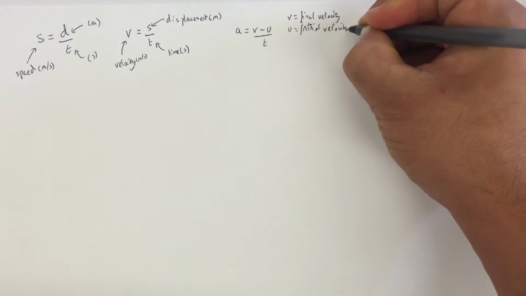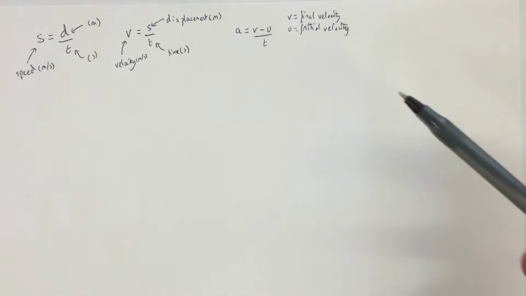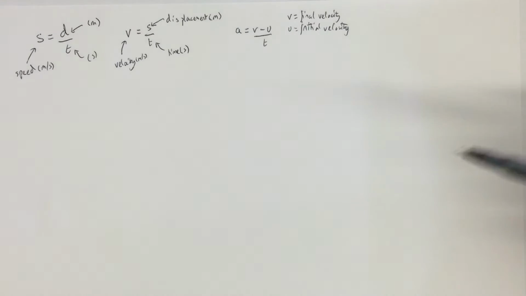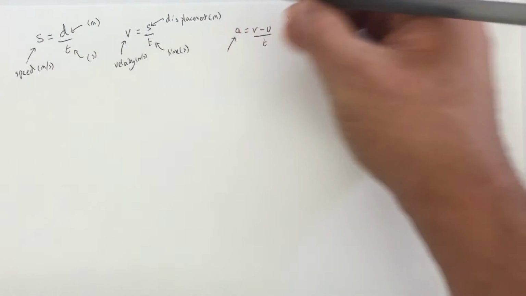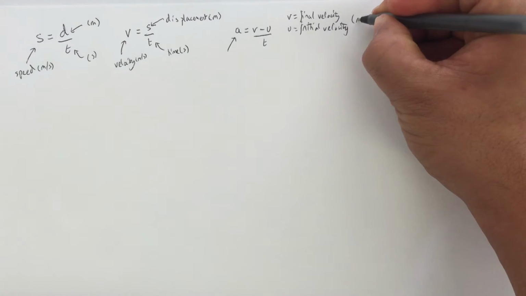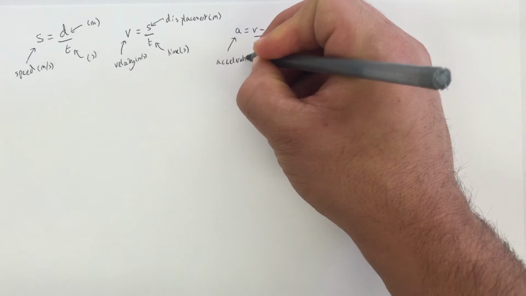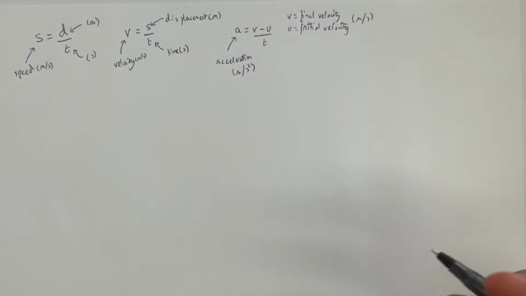Now, we do quite often interchange the words velocity and speed in P3, largely because as long as the direction isn't changing, they are in fact the same thing. So just be aware of that. Obviously, initial and final velocity are both in meters per second. Acceleration is in meters per second squared, and time is still in seconds.